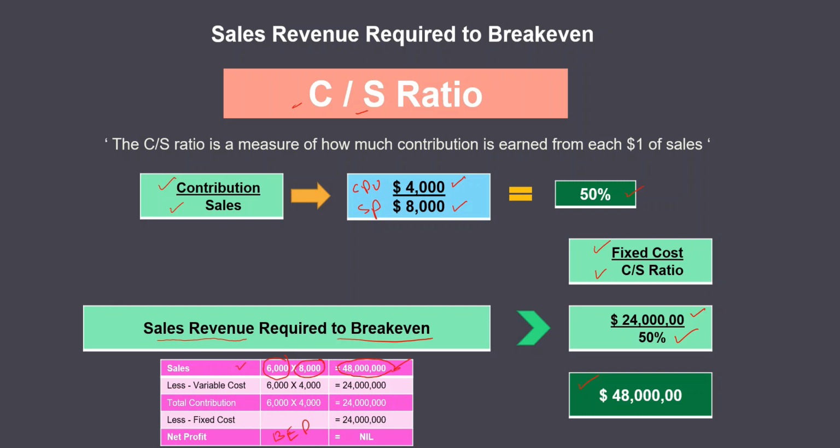So what we can understand from this particular example is, if you want to identify sales revenue to break even, there are two ways that you can calculate. First, you calculate the break-even point in units and multiply by the selling price per unit. So thereby you will get 48 million sales revenue to break even. Otherwise, what you can do is simply take the fixed cost divided by CS ratio. So CS ratio means contribution to sales ratio.